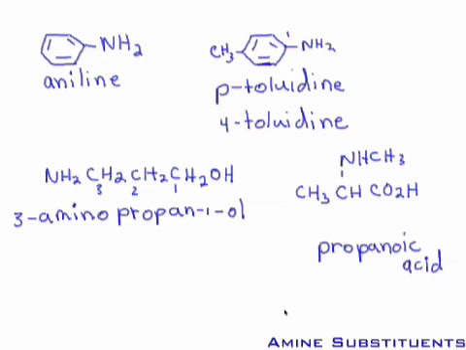Now, when there is no simple name for the substituent, IUPAC methodologies are used. This is an amino group, but off of the amino group we have a methyl attached to a nitrogen. So this is an N-methyl amino.